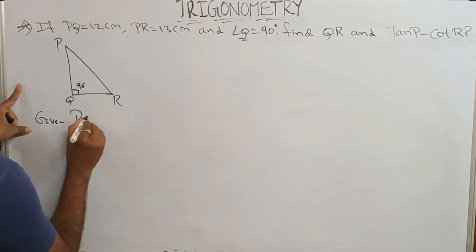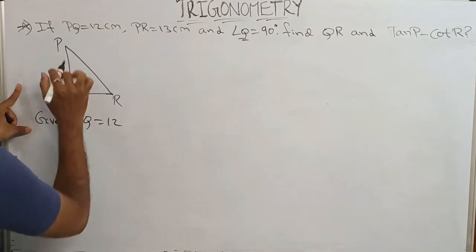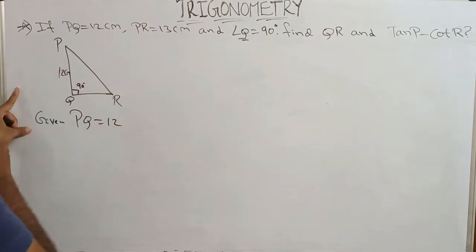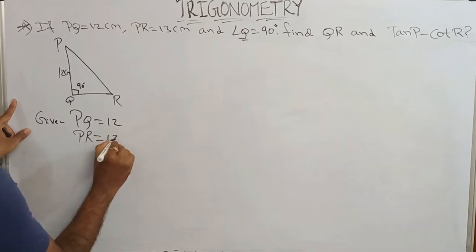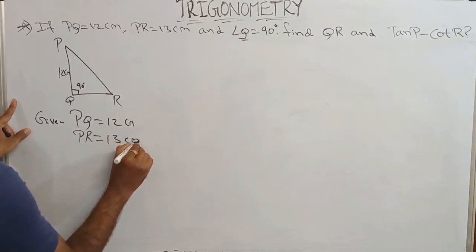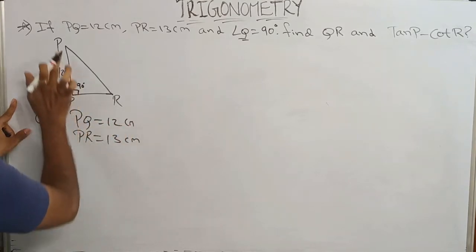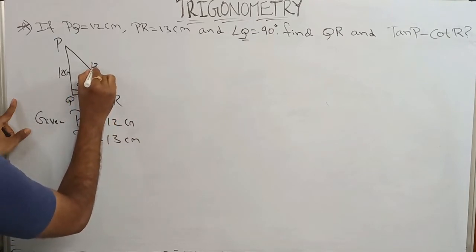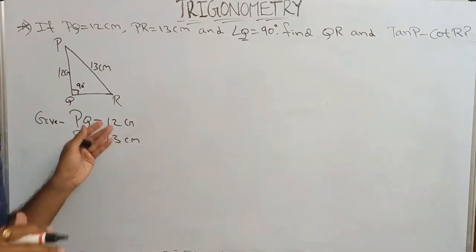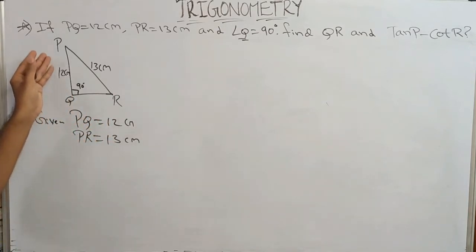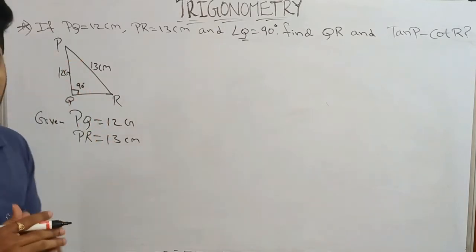Given PQ is equal to 12 centimeters, PR is 13 centimeters. So where is PR? PR is 13 centimeters. As in the previous sum, we have discussed opposite side, adjacent side, hypotenuse and all.